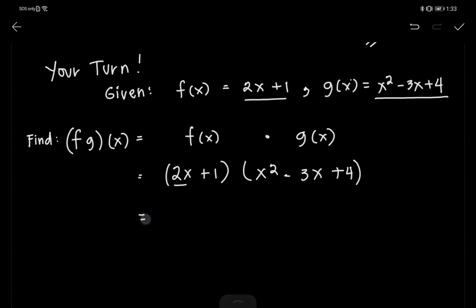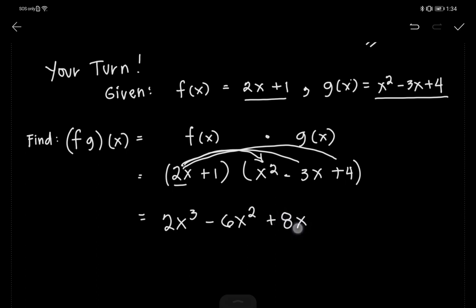So let's do this. 2x times x squared is equal to 2x cubed. 2x times negative 3x is equal to negative 6x squared. Then 2x times 4 is equivalent to positive 8x.